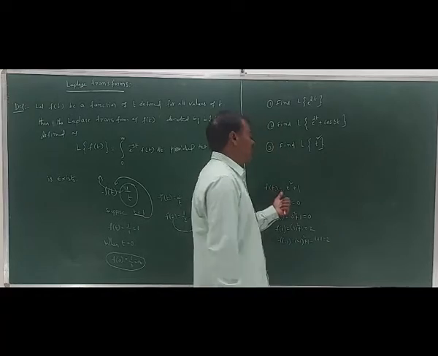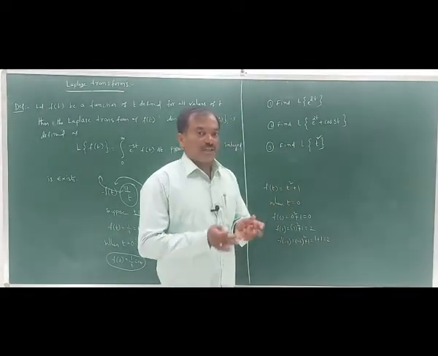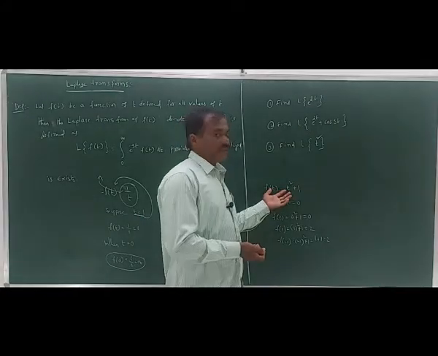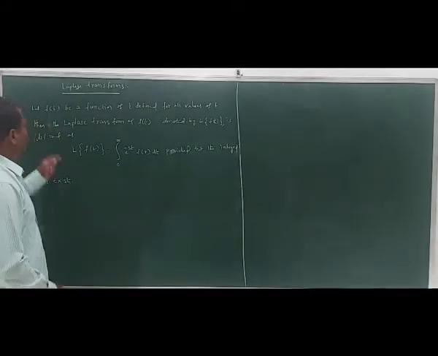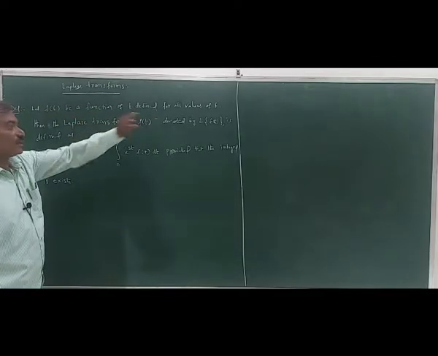So this function is defined for all values of t. In Laplace transform, we are taking this kind of functions. So here let f of t be a function of t defined for all values of t.